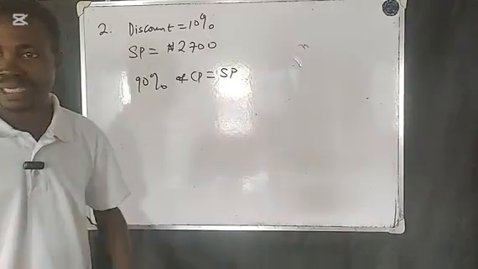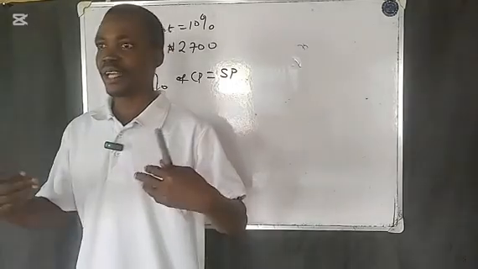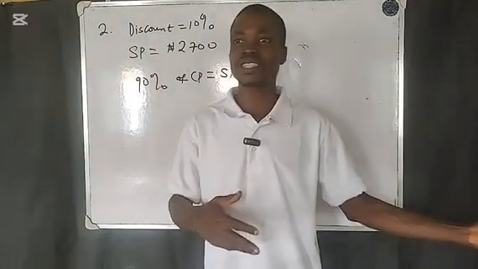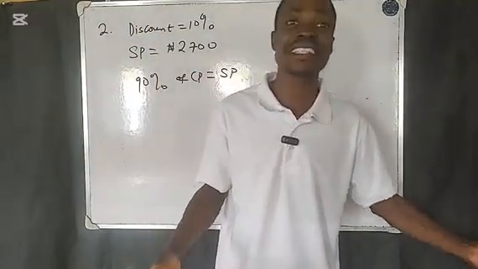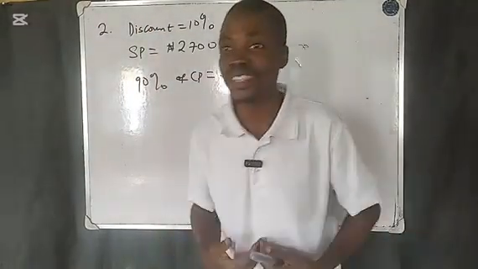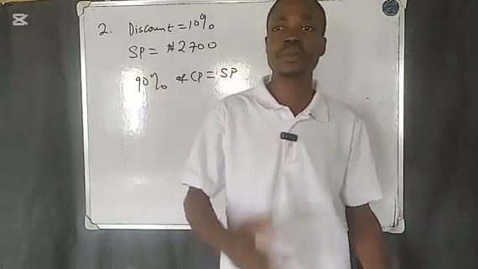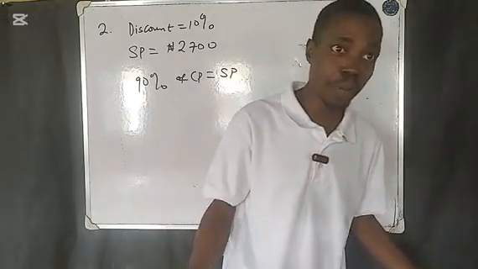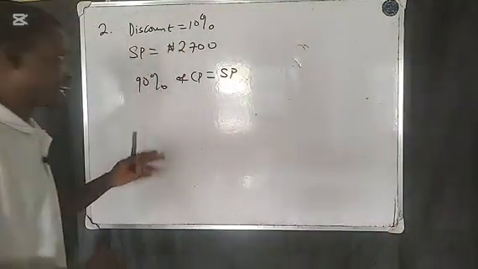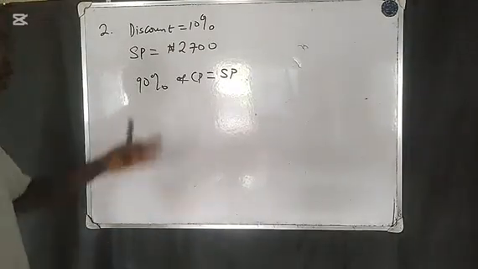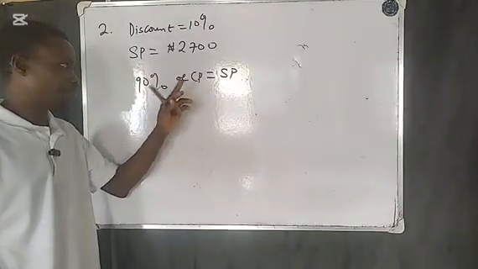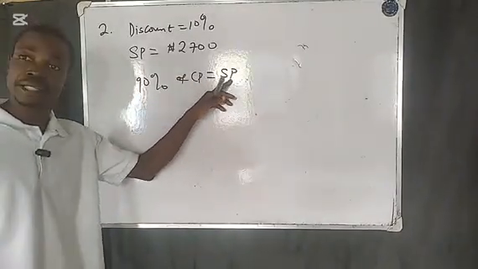Normally, the cost price for the buyer is supposed to be equal to the selling price of the seller. But this time around, the cost price and the selling price are not the same, because 10% has been removed from the cost price. And that is what will lead to the selling price.